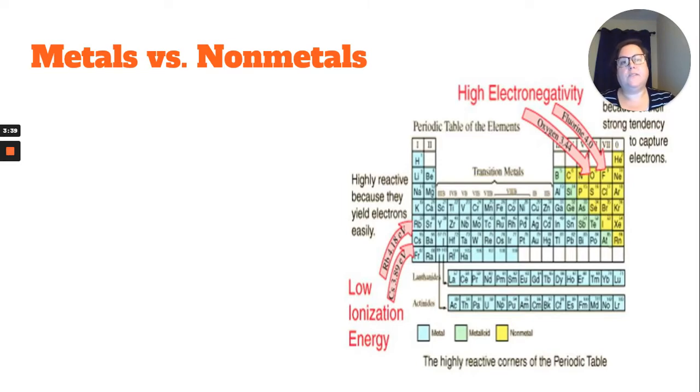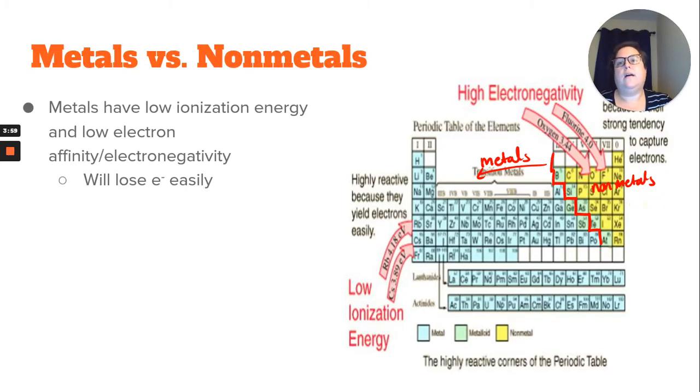Now, if we look at metals versus nonmetals, remember that there's the stair-step line on our periodic table. This side, the left, are metals, and so those are our blue elements, and then over here we have our nonmetals to the right. And so if you think about it, metals have low ionization energy and low electron affinity and low electronegativity, right?